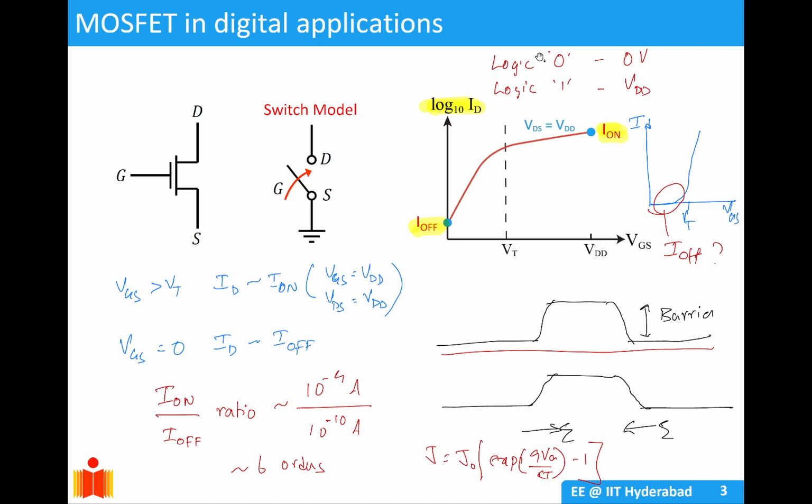My off current acts as zero in boolean logic, and my on current acts as one. Due to this switching mechanism, MOSFETs become the fundamental building blocks of digital applications.